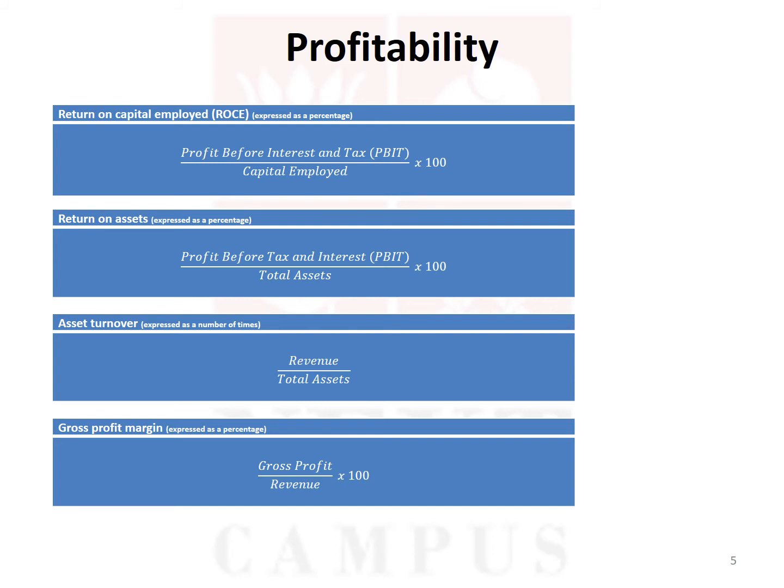So the ratio is like this: profit before interest and tax, a financial statement line item called profit before interest and tax, PBIT, divided by capital employed, into 100.